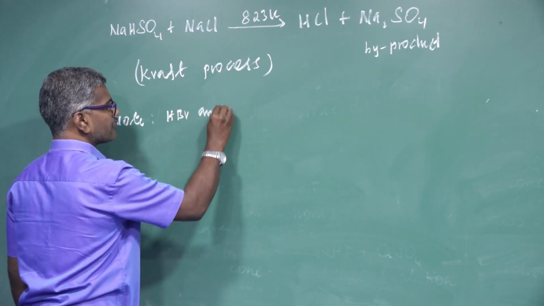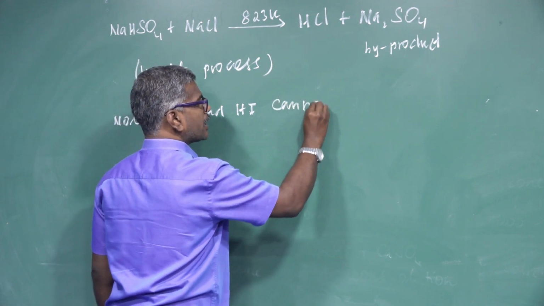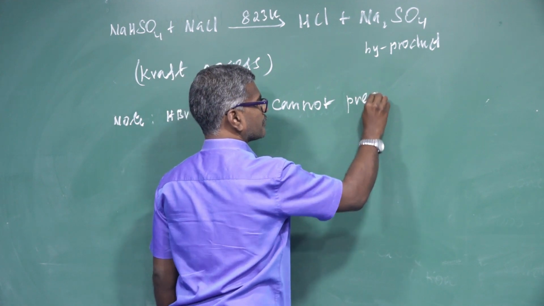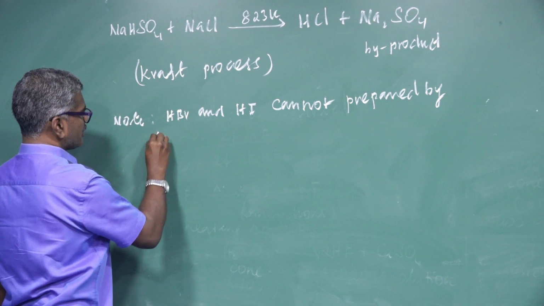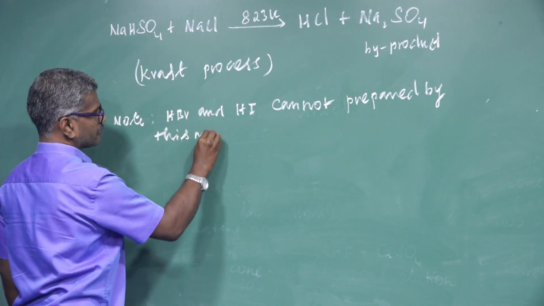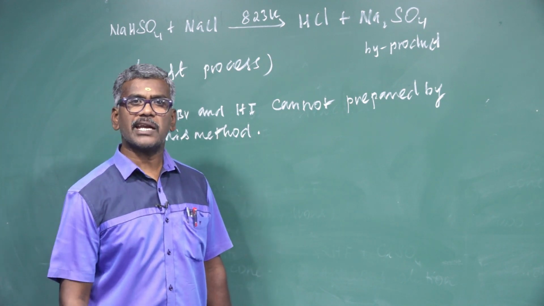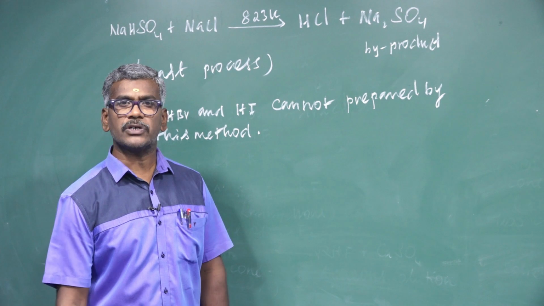HBr and HI cannot be prepared by this method. Why? Because HBr and HI are strong reducing agents and reduce sulfuric acid, converting it into SO2.